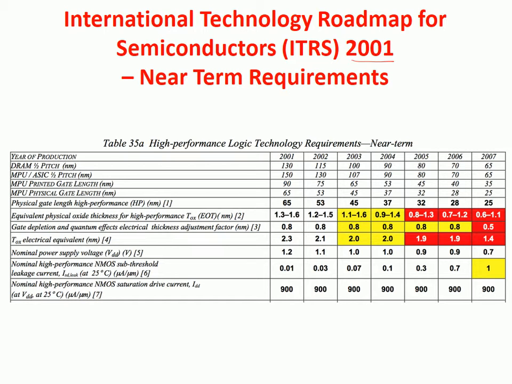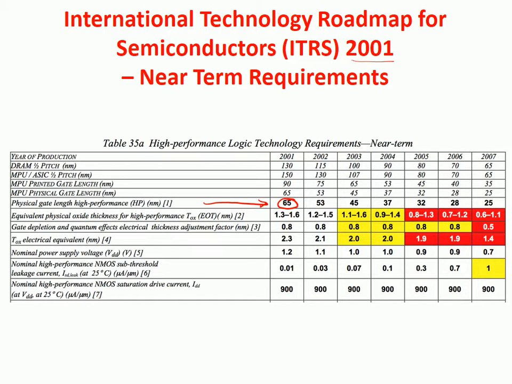Okay. Now in 2001 the problems were pretty clear. I don't know if you can read the table in the back. I will give you, of course, the table, but this line is important. It is the physical gate length of high performance MOSFETs. In 2001 it was 65 nanometers.